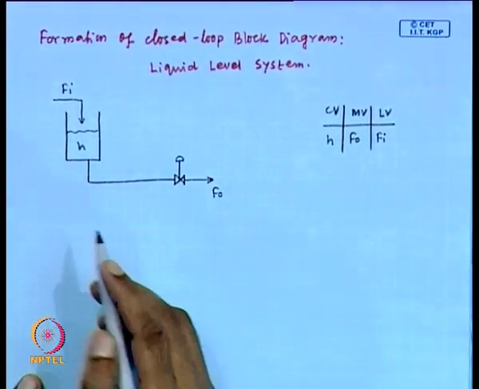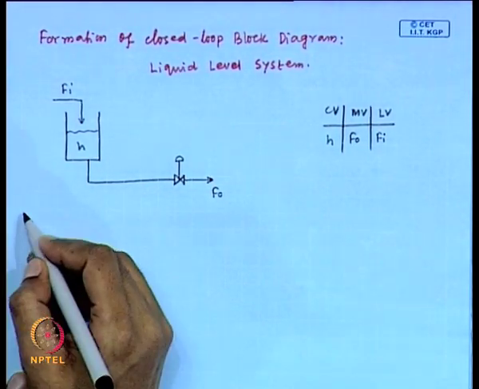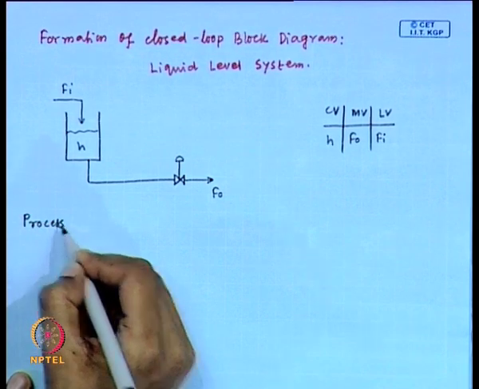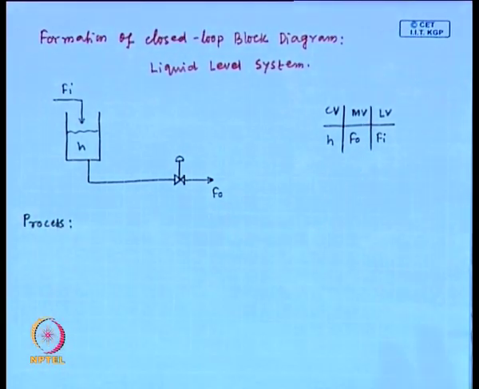Now, we will consider the different elements. First we will consider the process. I mean, we need to develop the transfer function of the process in terms of Gp and Gd.